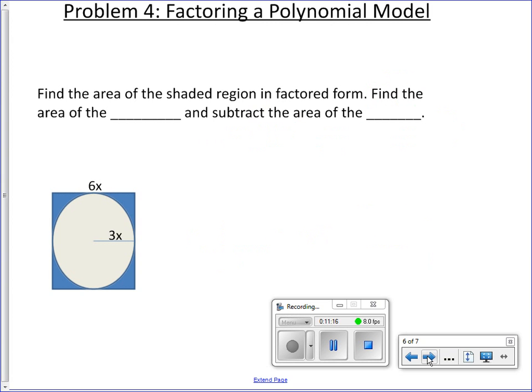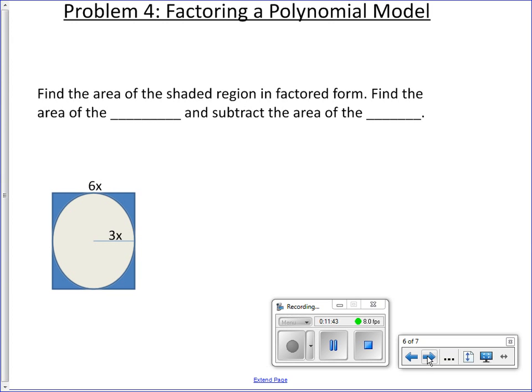All right, problem 4. Factoring a polynomial model. Find the area of the shaded region in factored form. Well, to find the shaded area, what we notice, or hopefully it looks like a square at your end, at least it did on my computer, but here on the smartboard it does not look squarish, but we're going to assume that it is.